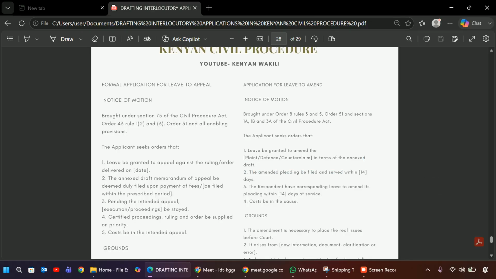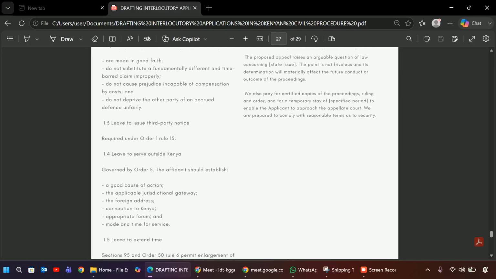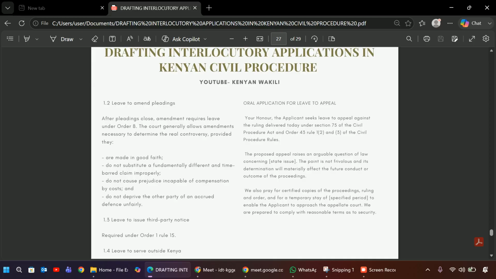Okay, by the way, you can be told that a judgment has been rendered, then you are required to do a formal application for leave to appeal. But before doing that, you can give the oral application for leave to appeal, then retire to do the formal application for leave to appeal.